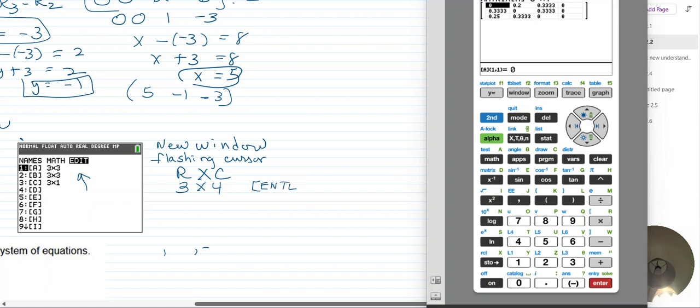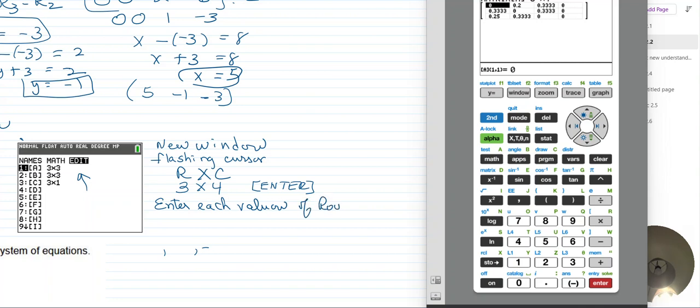Now enter each value of rows followed by enter. Right.